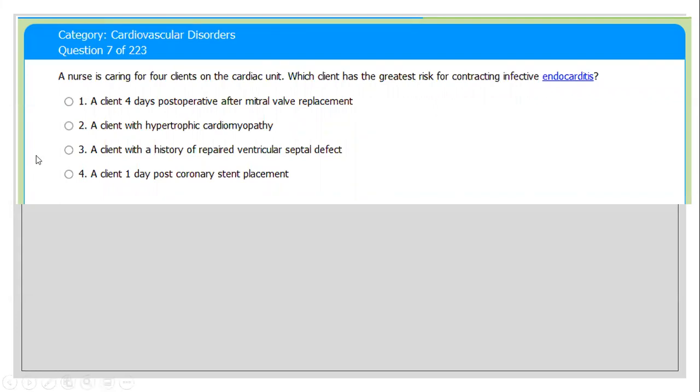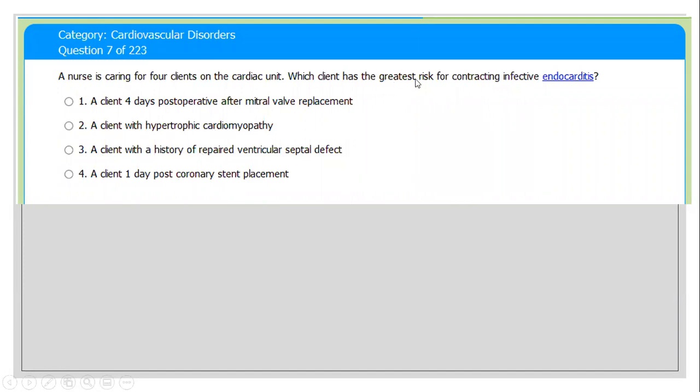Next one, a client with hypertrophic cardiomyopathy. Number 3, a client with a history of repaired ventricular septal defect. And number 4, a client 1 day post coronary stent placement.